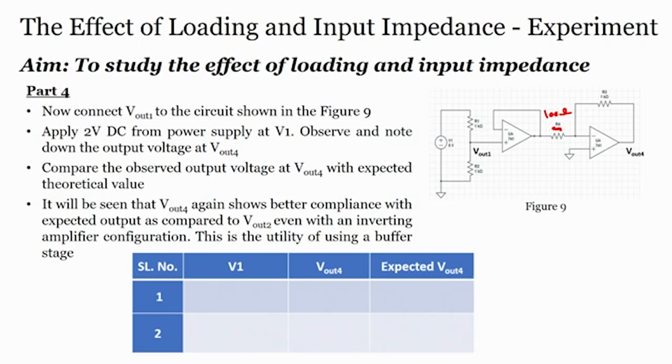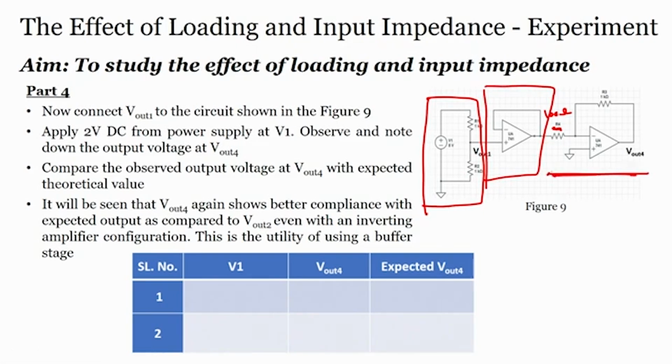Here, if you see, this first circuit is your potential divider, the second one is your buffer, the third one is your inverting amplifier.